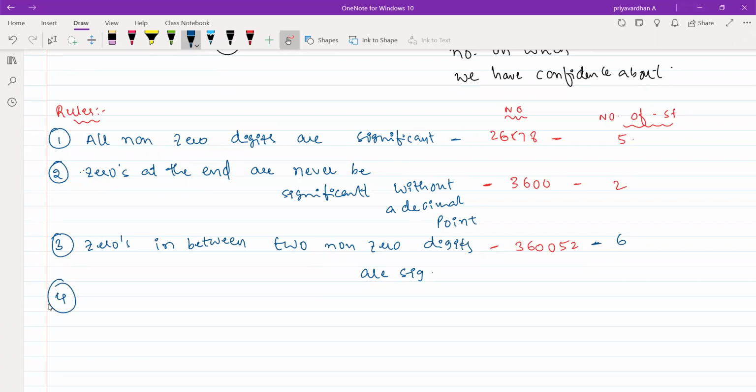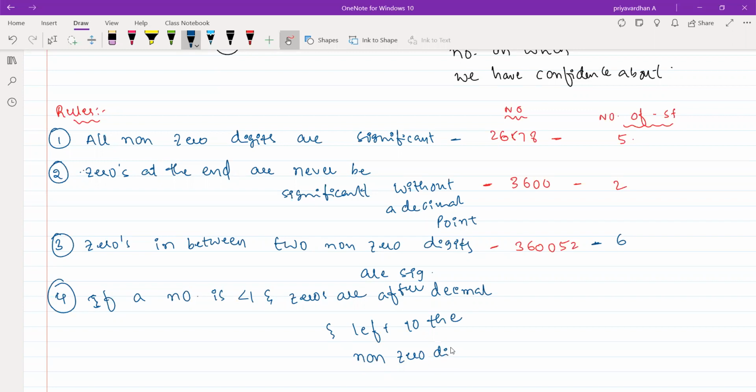Now we need to discuss with decimal points. Assume that a number is less than 1 and the zeros are to the right of the decimal point but to the left of a non-zero digit, they are never significant.